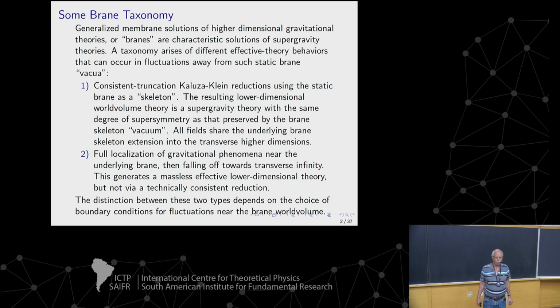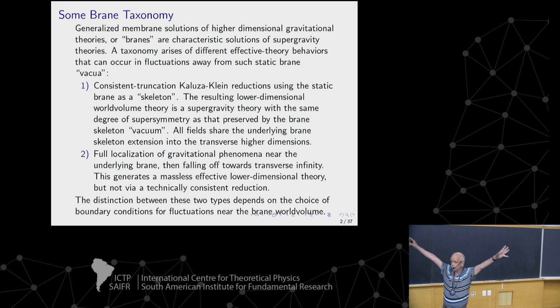And then there are two types of situations. That's what we call the taxonomy. The first one is what in dimensional reductions, but this isn't a reduction. We're not actually reducing. We're letting the transverse space be out there, but looking at what happens when you look at the fluctuations with these two different types of boundary conditions.